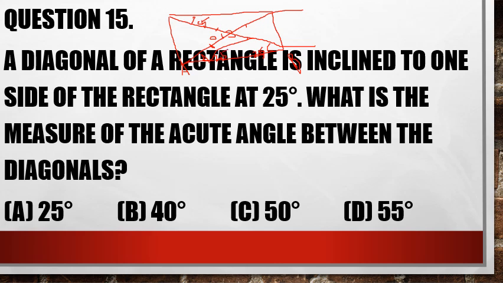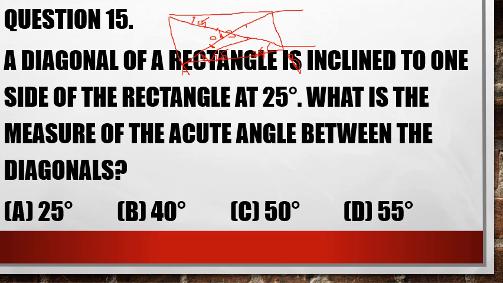25, 25. Okay, now see here, this angle is the exterior angle of the triangle AOB, and we know that the sum of two remote interior angles of a triangle is equal to the exterior angle of the triangle.